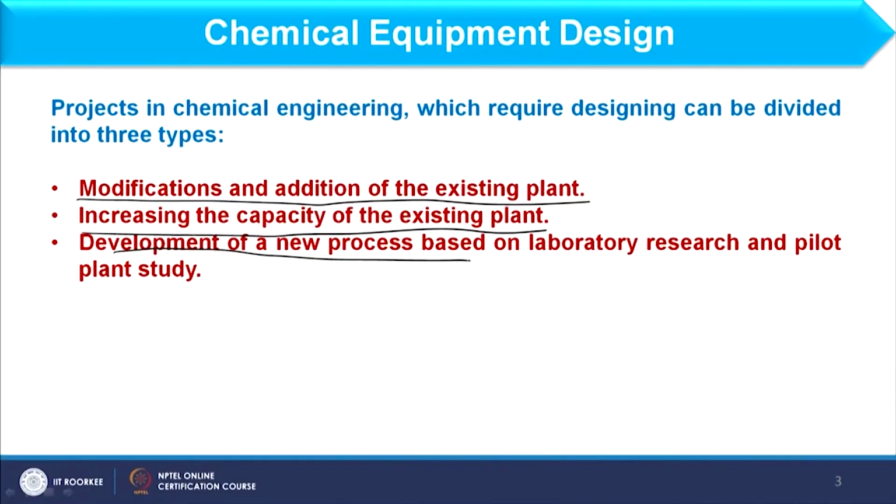of that particular equipment. Now, the third category is the development of a new process, based on laboratory research and pilot plant study. Here, if I need to install a new plant, then all equipment which are available in that PFD, I need to design.